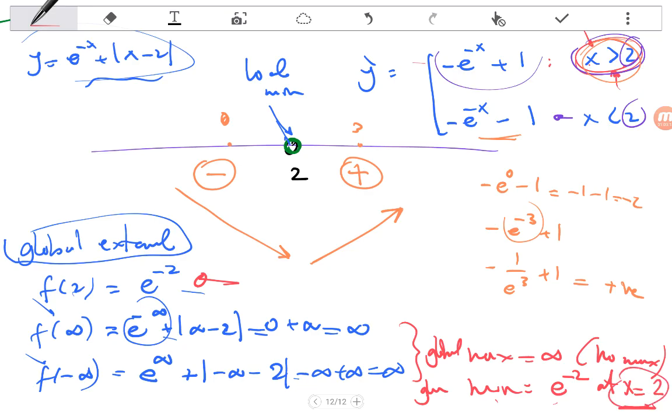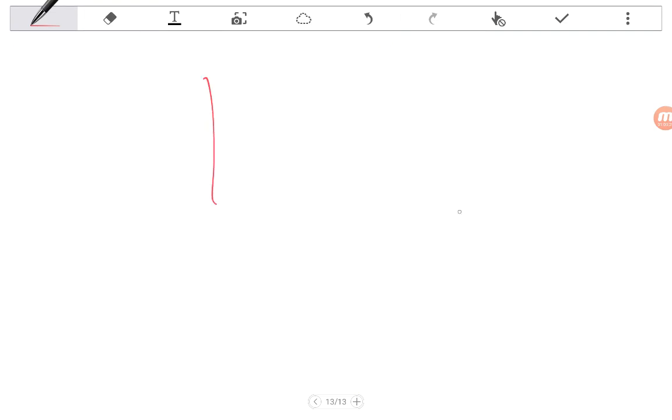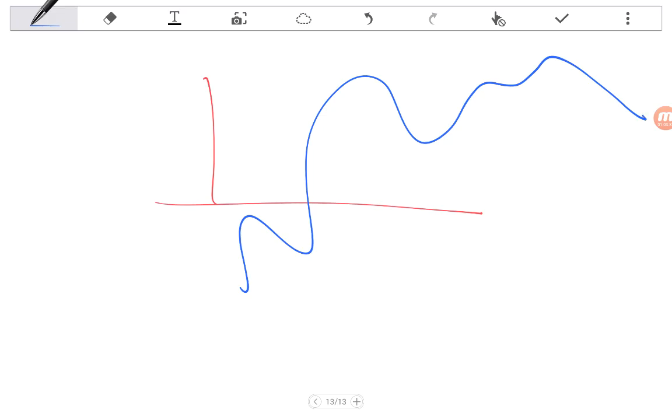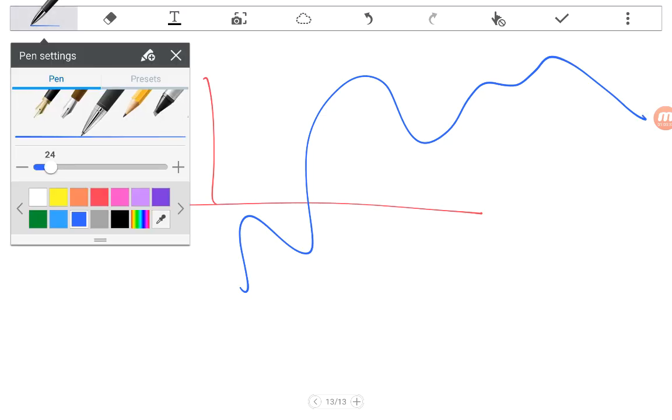So this is the point for which the function gets its minimum value. Now, this function is a continuous function, so the range of a continuous function is, if I have a continuous function like this, what is the range of this continuous function?